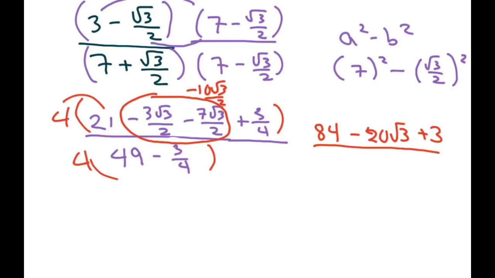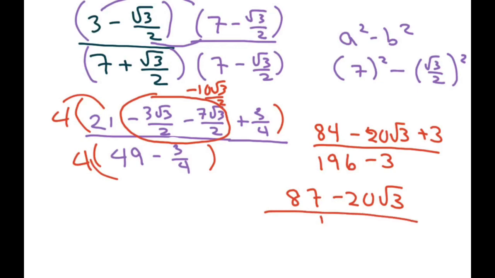And you multiply everything by 4 here, you're going to get 200 minus 4, which is 196, minus 3. So in the numerator, you're going to get 87 minus 20 square root of 3 over 193. And that's your final answer.